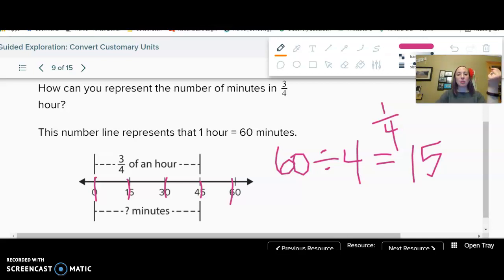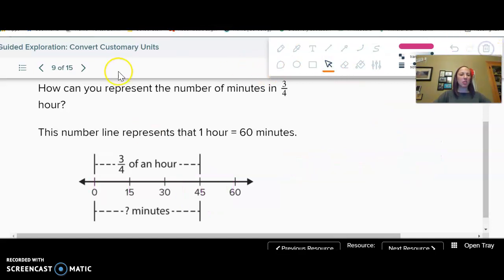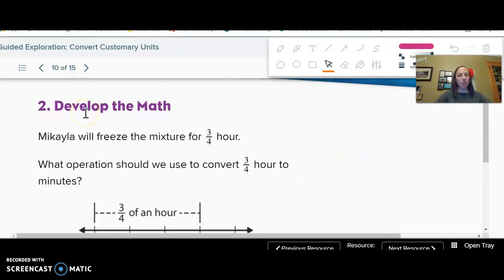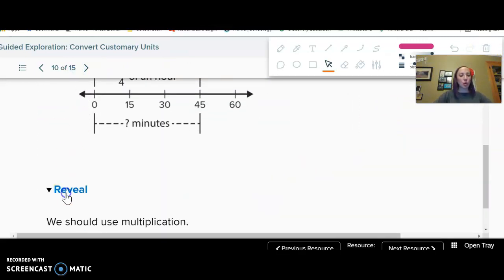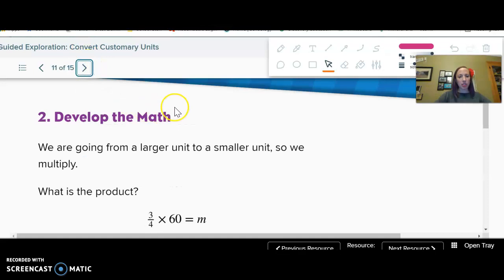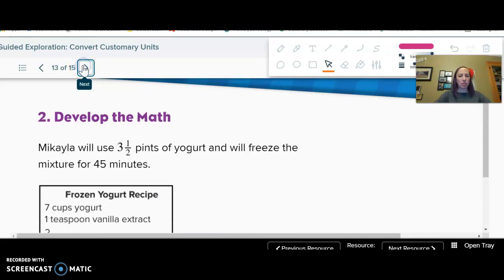So then that times 3 would give me 45 minutes. We'll do some examples. Because we haven't multiplied with fractions, that one's a little trickier. But we're essentially doing 3/4 times 60 because we're going from a smaller unit to a bigger unit. And again, if I divided, I would get something that didn't really make sense.